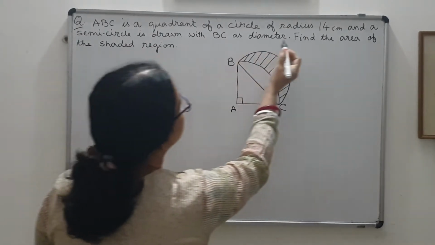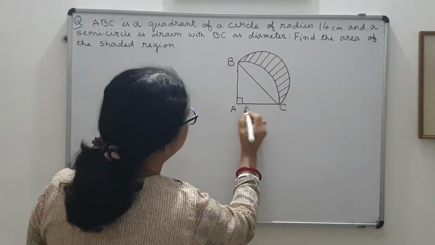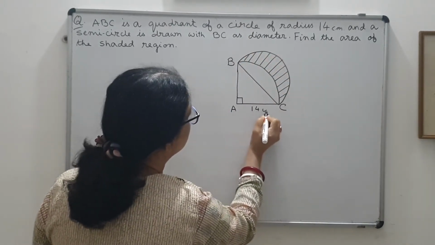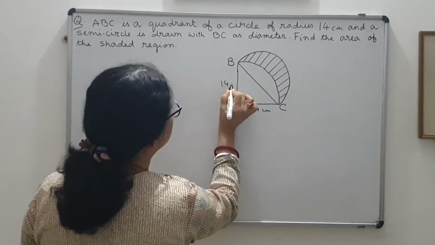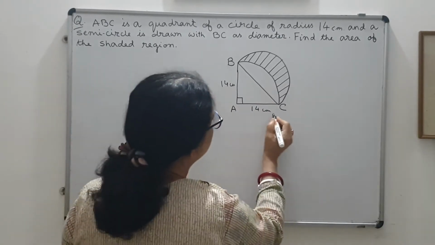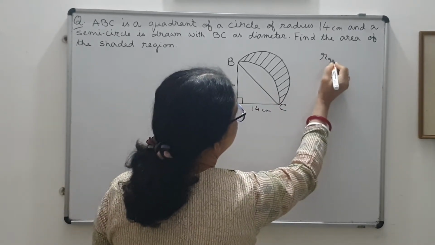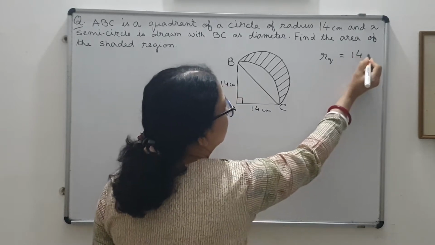And one more thing, the radius of this quadrant is 14. So AC is 14 centimeter. So I can write this 14 centimeter as the radius of the quadrant part.